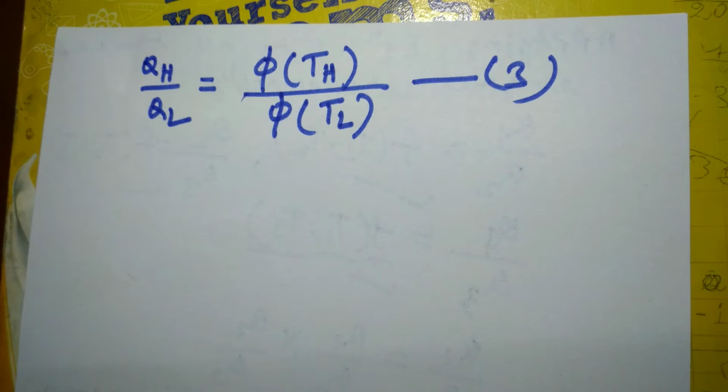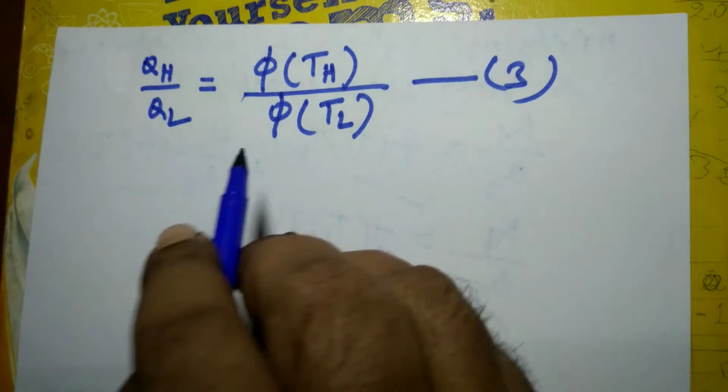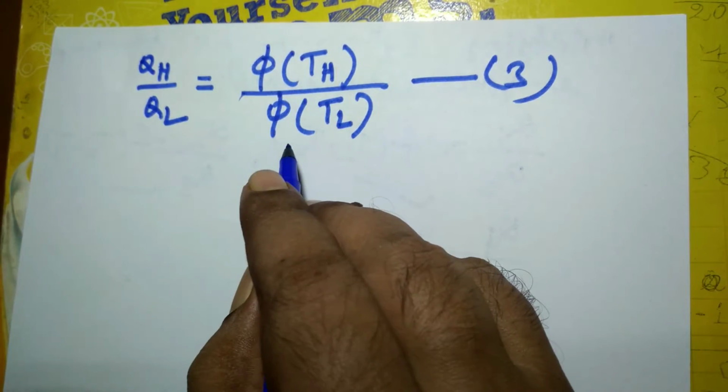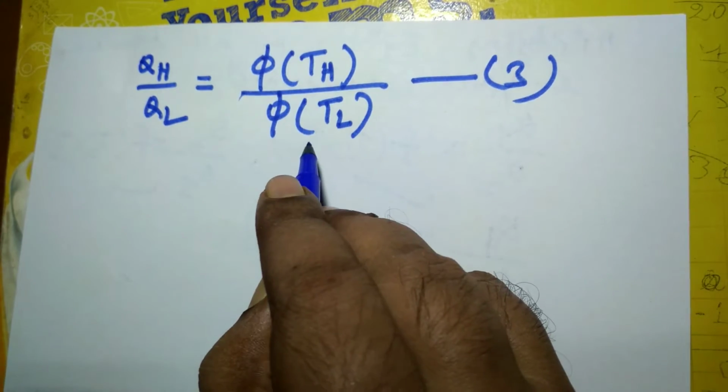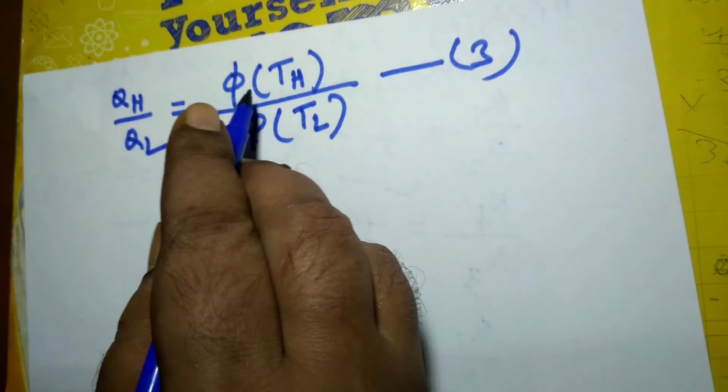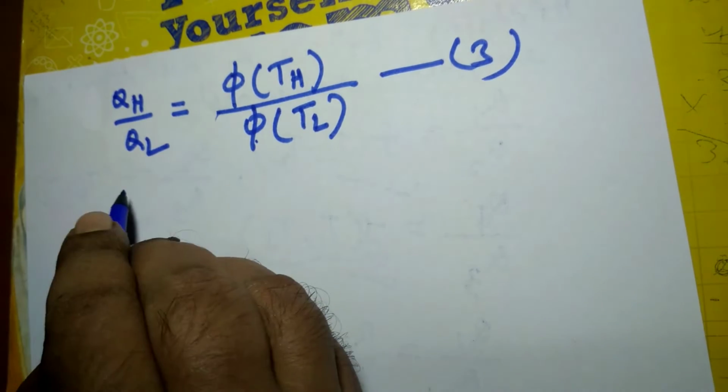Phi TH is a function of TH only, and phi TL is a function of TL only. No other terms are there in the function. So phi TH upon phi TL. Phi can be any function of TH or any function of TL. There is no restriction on it.